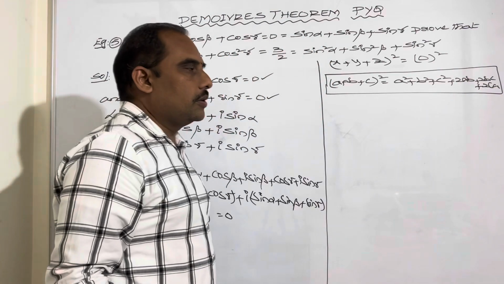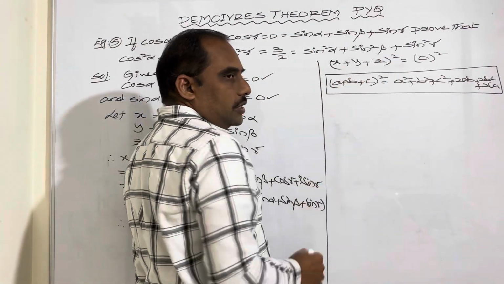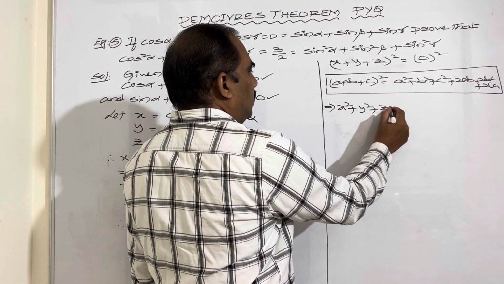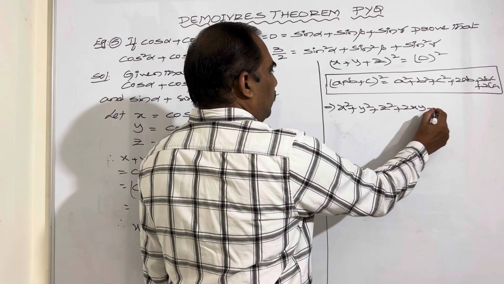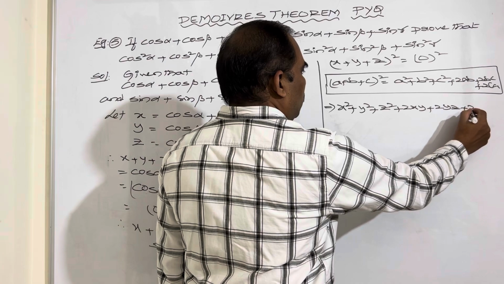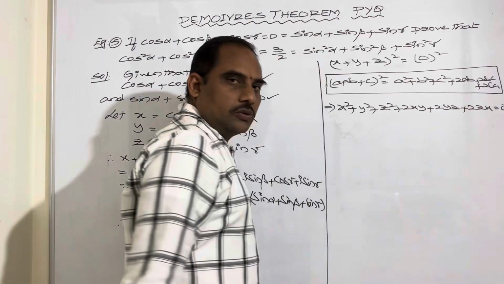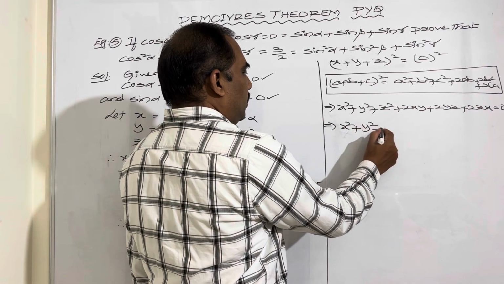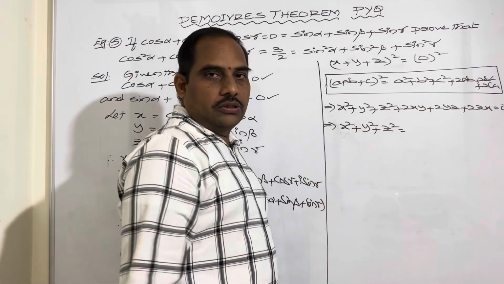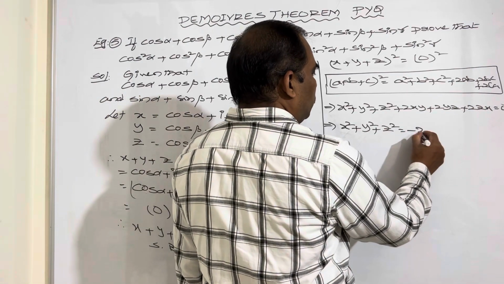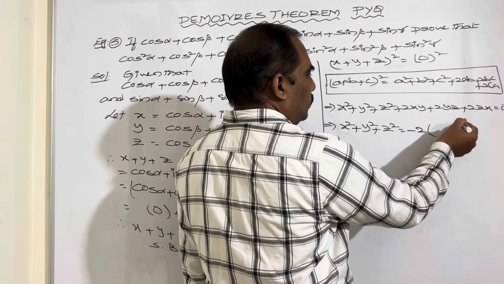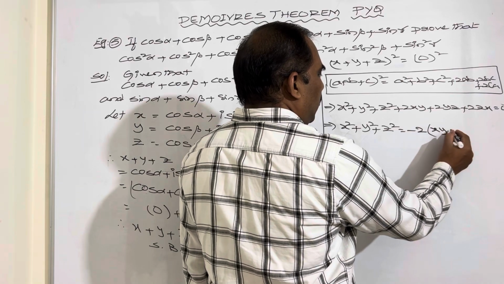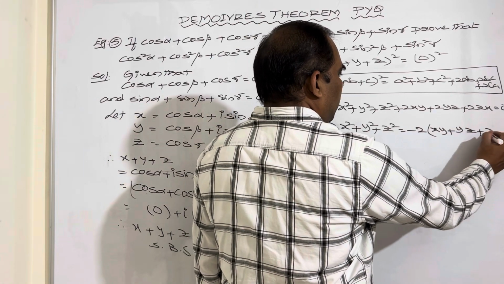Similarly, x plus y plus z whole square is x square plus y square plus z square plus 2xy plus 2yz plus 2zx is equal to 0. Which implies x square plus y square plus z square is equal to, sending these terms to the right side, minus 2xy minus 2yz minus 2zx. Taking minus 2 common, we get xy plus yz plus zx.